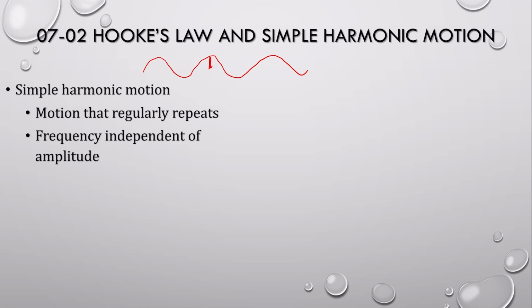So the frequency and amplitude are not related. The period is 2 pi times the square root of the mass over the spring constant. So this is still the mass on the end of a spring. So this is our mass, and then we have the k for the spring constant. Frequency is the reciprocal of that.